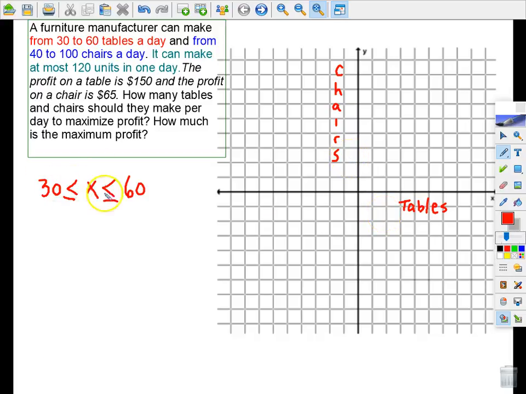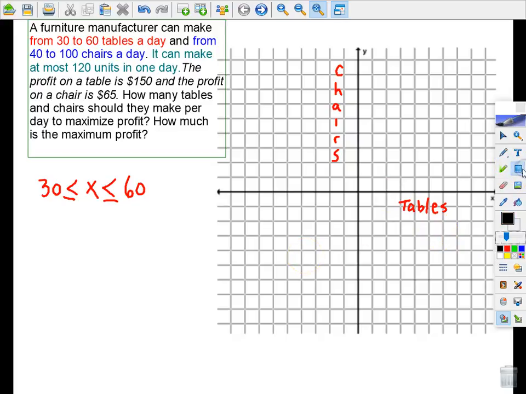So let's just go ahead and draw using lines. Let's draw the line x equals 30. Now obviously I don't have 30 lines here, so I'm going to let each one of these marks represent 10. Okay, this is 10, this is 20, this is 30. So let's draw the vertical line, x equals 30.